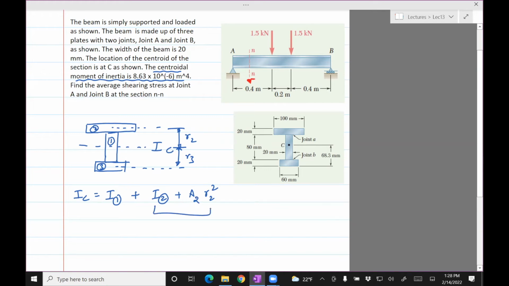That would be the inertia of area 2 about the centroidal axis C. And then you do the same thing for 3. So if you're not given the centroidal moment of inertia, you'll have to do that calculation yourself.